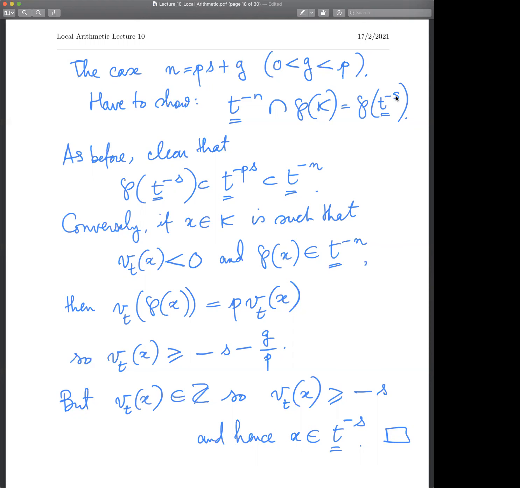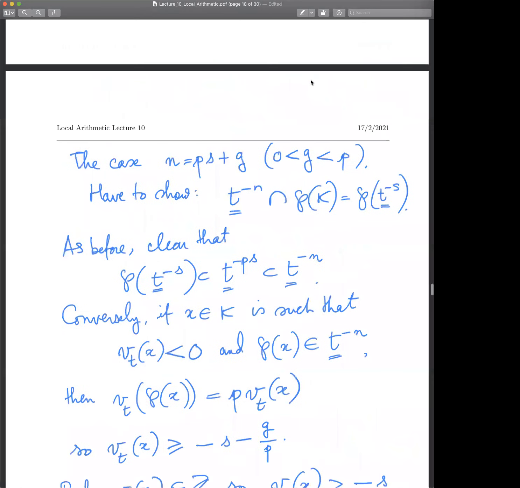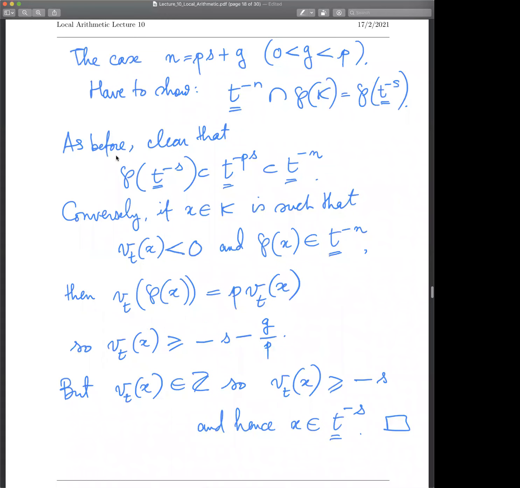Because the floor of n upon p is s, as you can see, because n upon p is s plus g upon p, but g upon p is strictly between 0 and 1. So the floor of s plus g upon p is equal to s. Anyway, so one of the inclusions is clear.